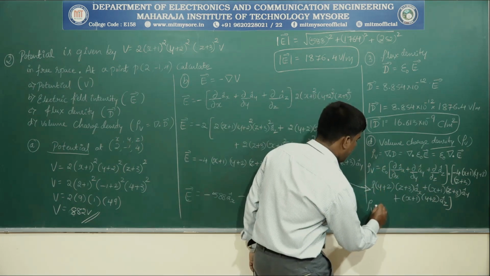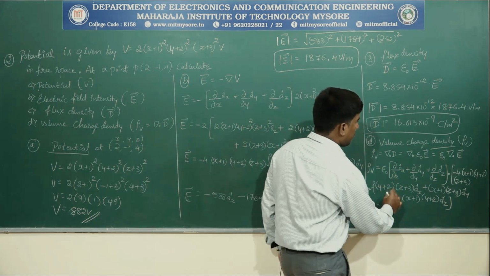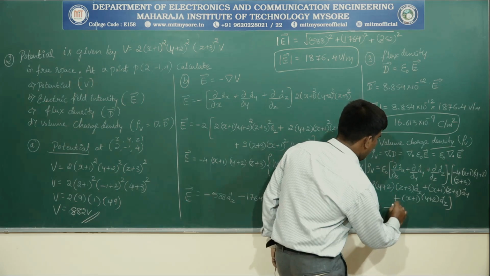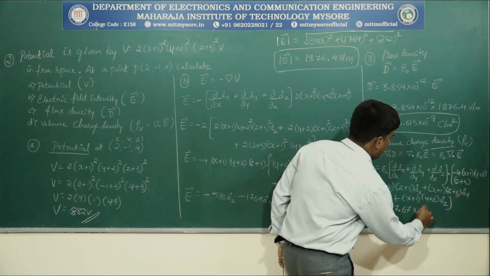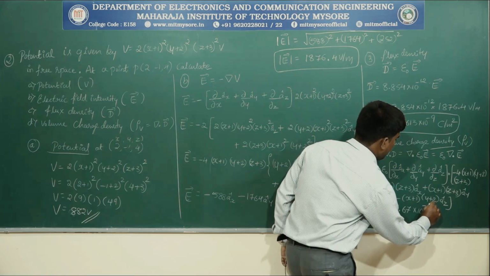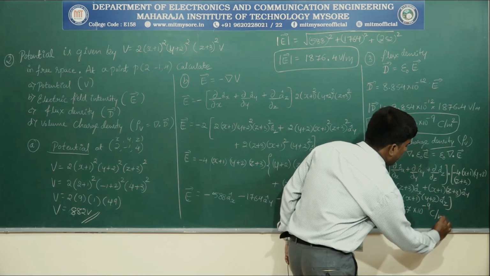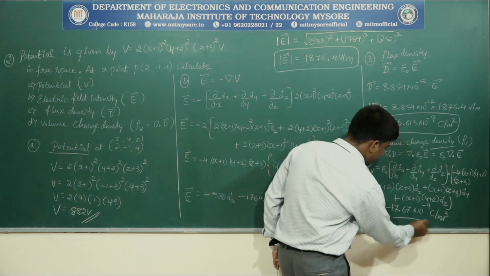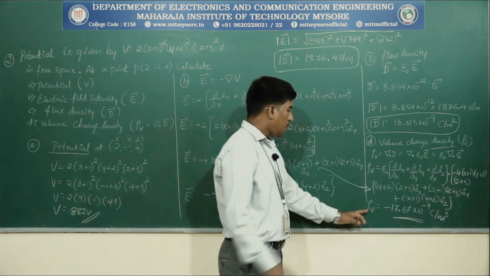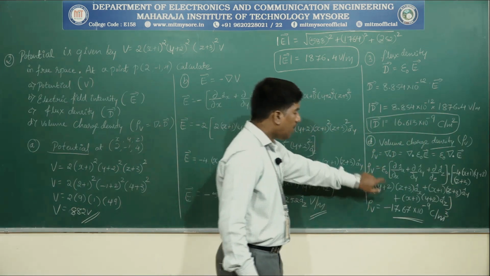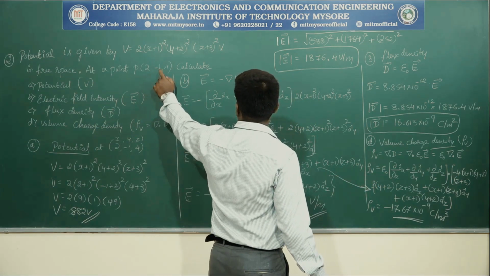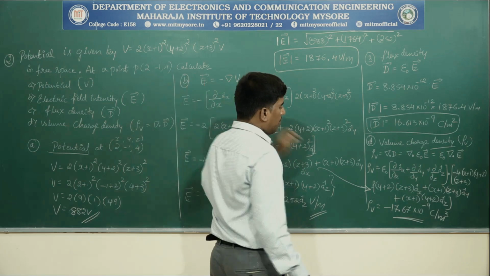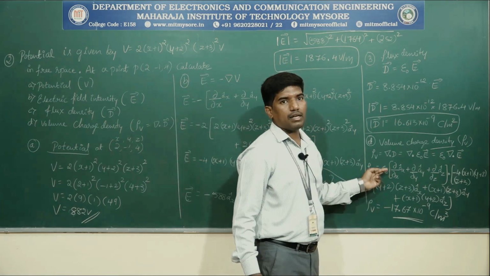Then rho v is equal to, what we are going to get? Minus 17.67 into 10 power minus 9 coulomb per meter cube. This is the final expression for volume charge density on substituting x equal to 2, y equal to minus 1 and z equal to minus 4 in this particular equation.